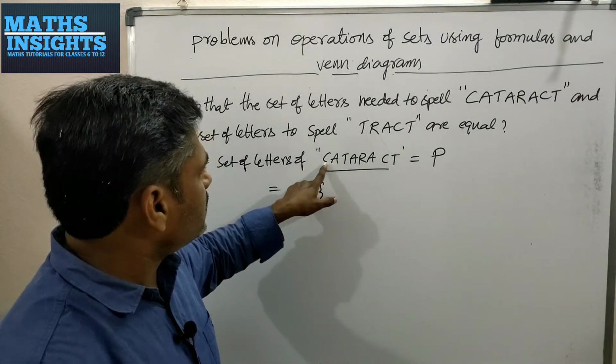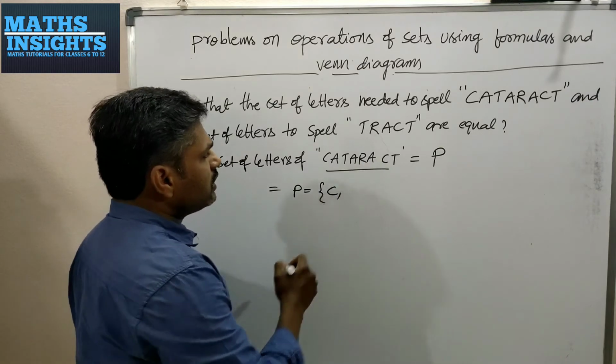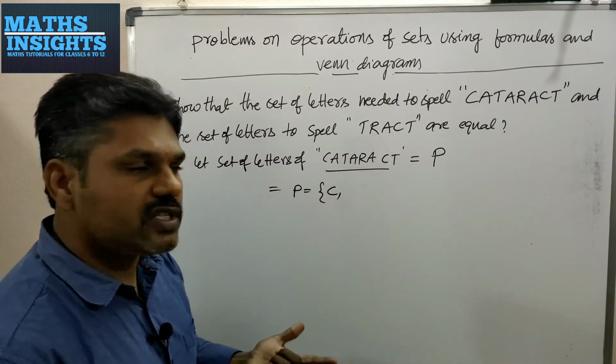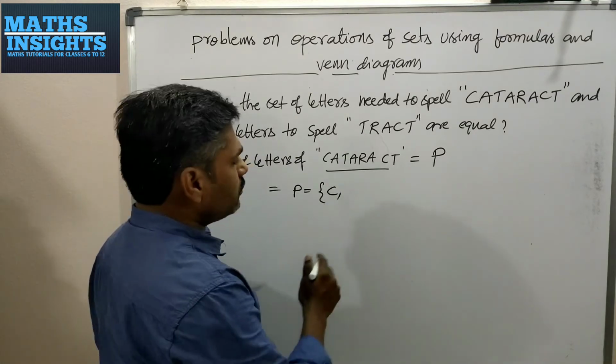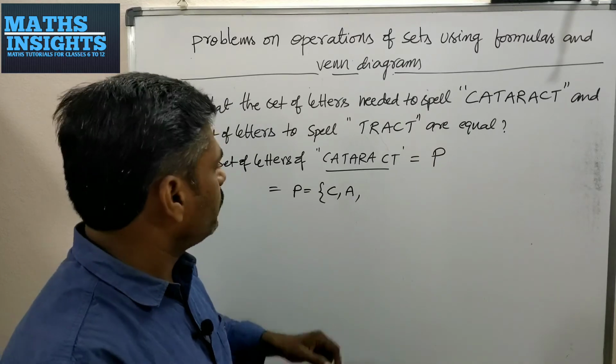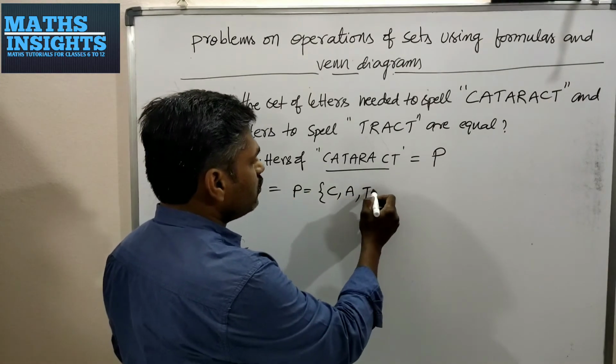If you observe, C is repeating 2 times, so I am writing only once. And A is repeating thrice, 3 times it is appearing in the term, therefore I am writing only once, whatever the number of times it is repeating. And T is also repeating twice, but only once.